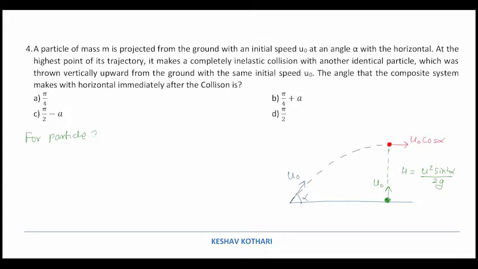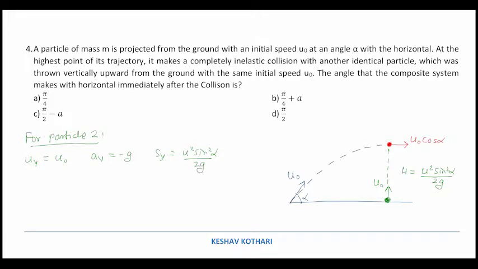for the other particle, I can say that the initial velocity along y-axis is equal to u0, the acceleration along y-axis is minus g, and the displacement along y-axis is equal to u square sine square alpha by 2g.